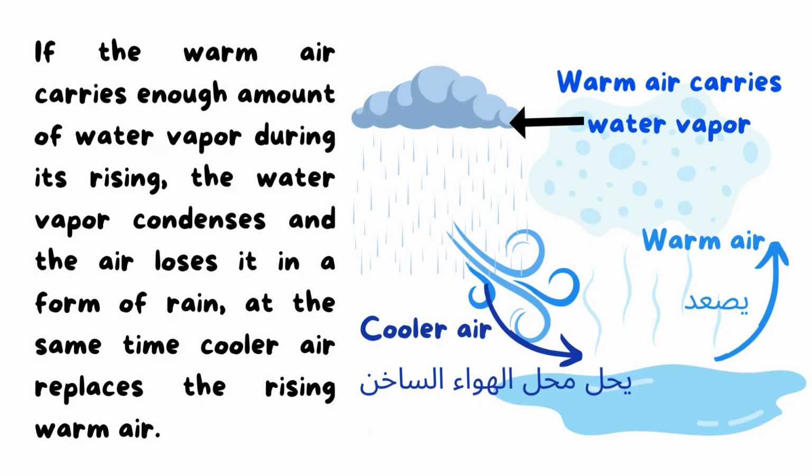Then focus on this point: if the warm air carries enough water vapor, as we said that wind carries water vapor, then during its rising the water vapor condenses and the air loses it in the form of rain. The water condenses, forms clouds, and comes back to the earth as rain.